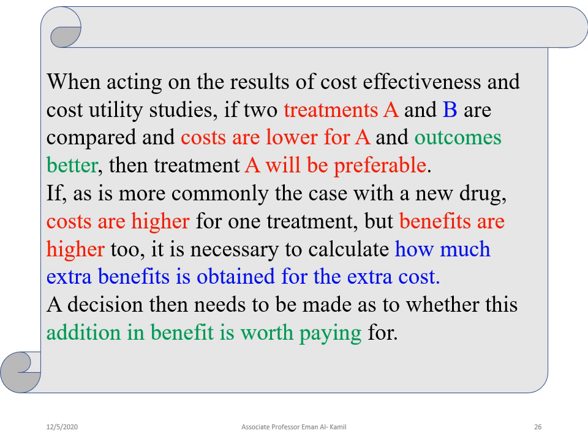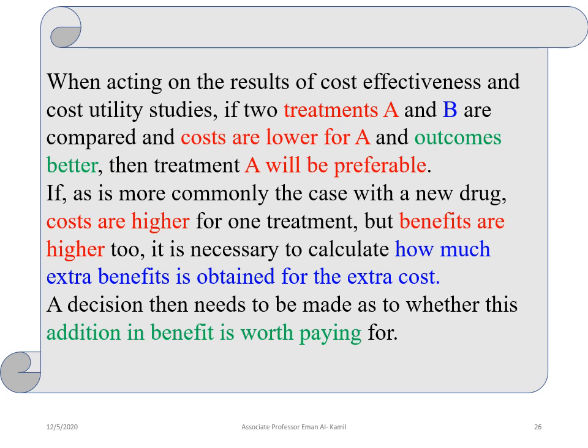If, more commonly the case with a new drug, costs are higher for one treatment but benefits are also higher, it is necessary to calculate how much extra benefit is obtained from the extra cost. Even if we have a treatment with a high cost but the benefit is also high, we will choose the treatment with the greater benefit.